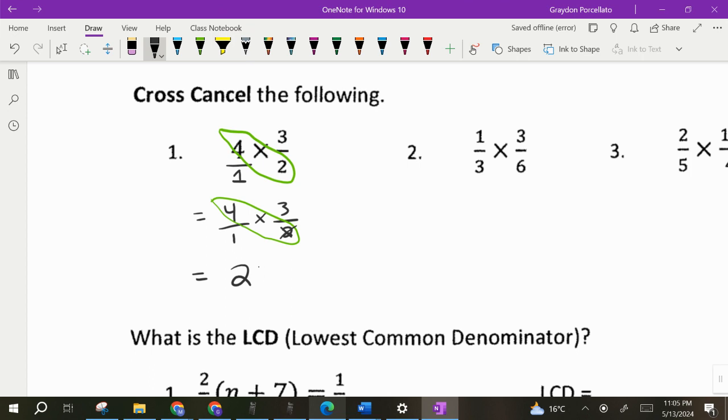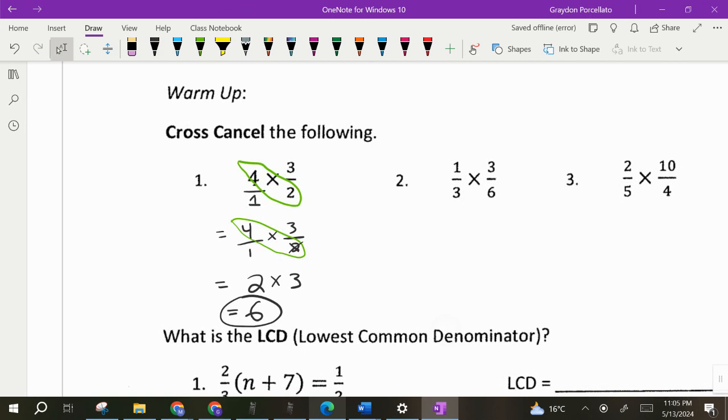So we're actually just left with 2 times 3 in this question, and hopefully we got that off the top of our heads, 2 times 3 is equal to 6. So you look across and you do division there.